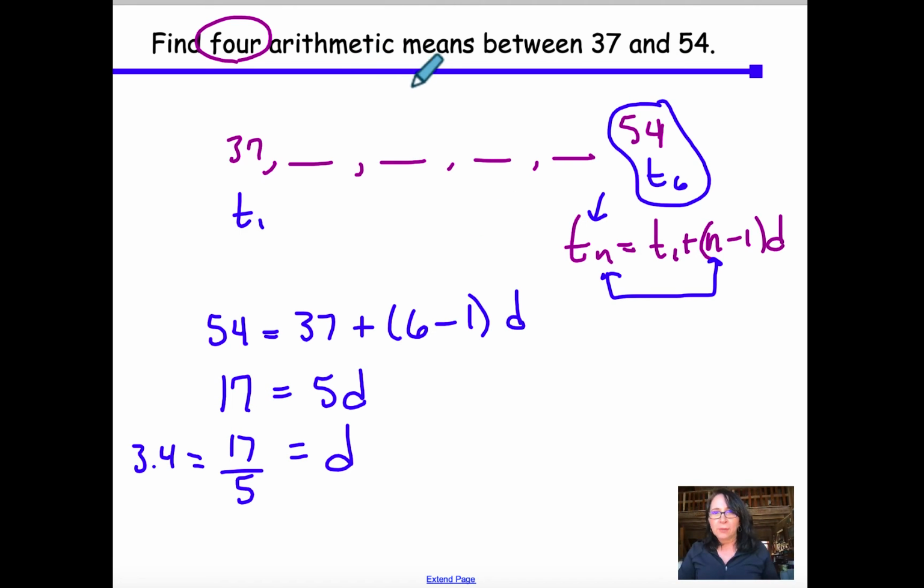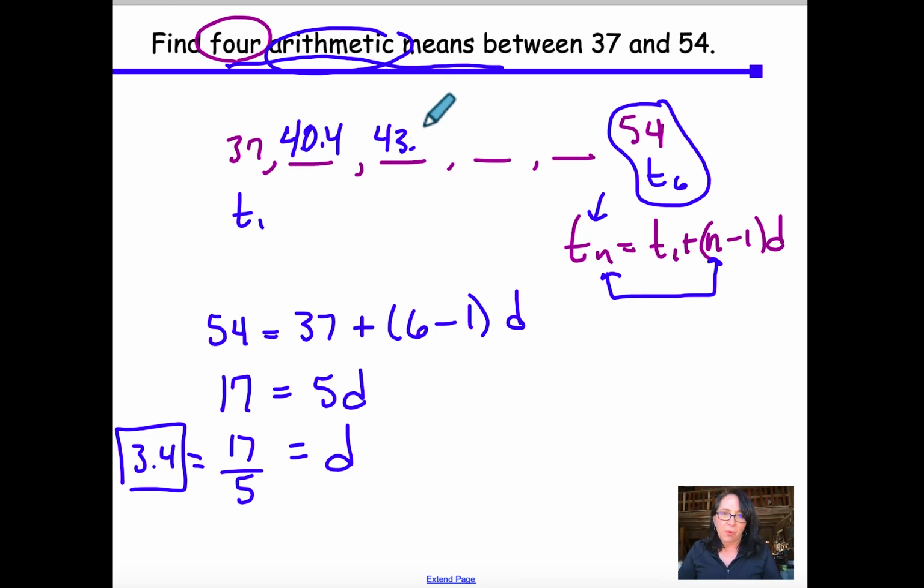So your objective is to find the arithmetic means in between. So I want these numbers in between. So that means because it is an arithmetic sequence, because it says arithmetic means, we're going to add 3.4 to each one. So we're going to start off with 37, add 3.4. I get 40.4. Add another 3.4, and I get 43.8.